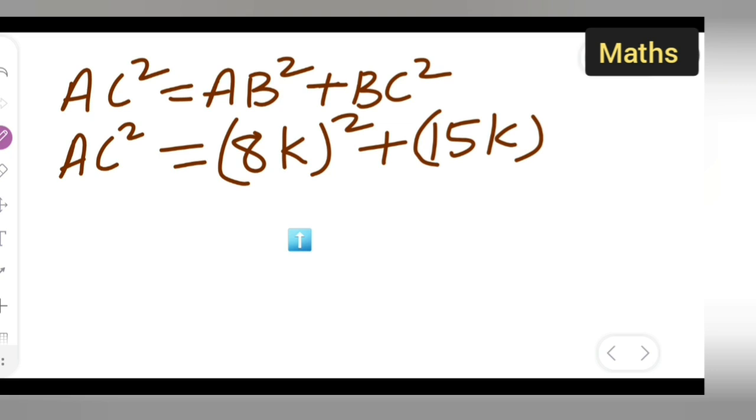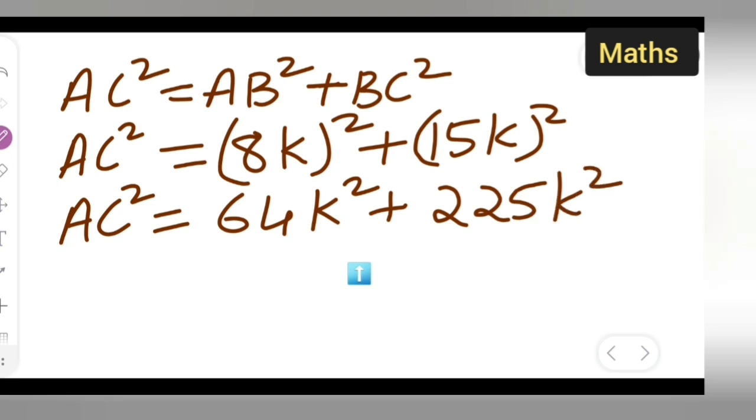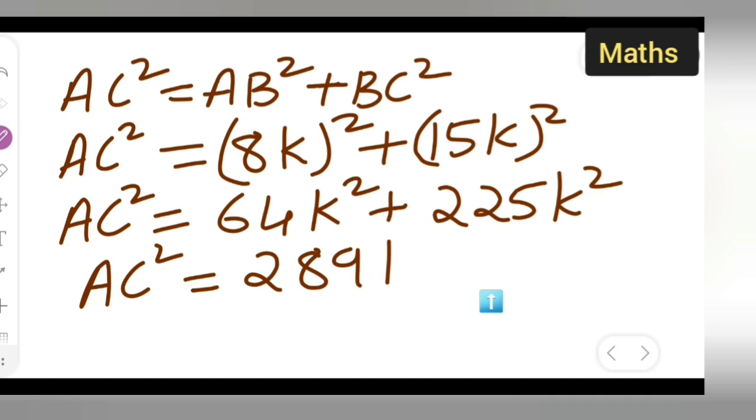Now 8 square is nothing but 64, so 64k square, plus 15 square is 225k square. Next we need to add both these numbers, 64 and 225. So after adding we get 289k square.